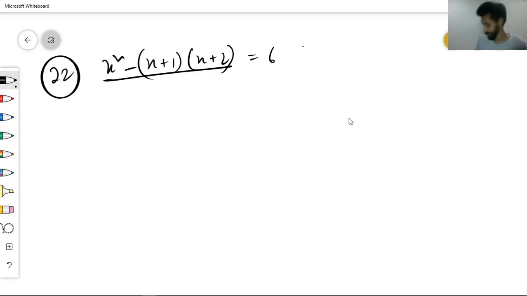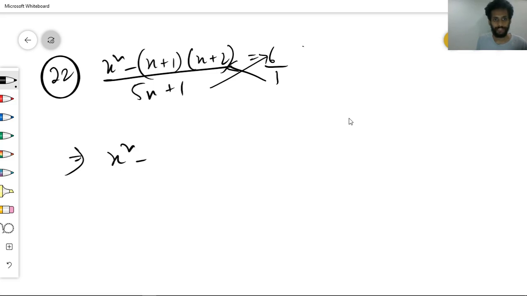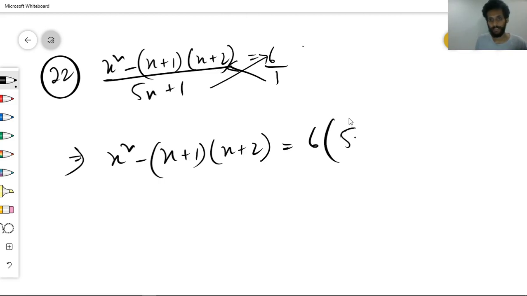Okay, just started the solution. Okay, so now this one, this is here 1, so this will be going up here, so the upper part will remain same, and this part will be 5x plus 1.